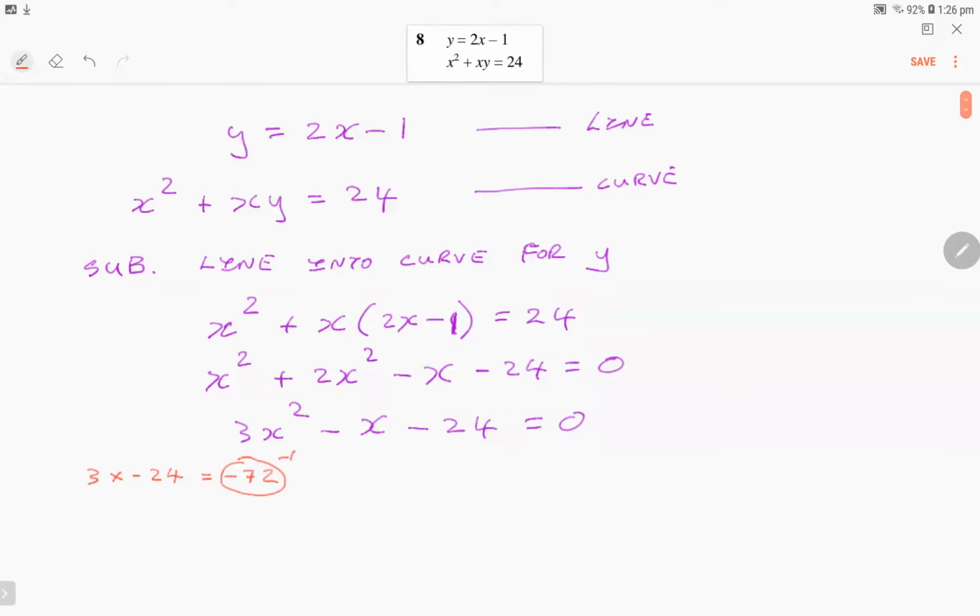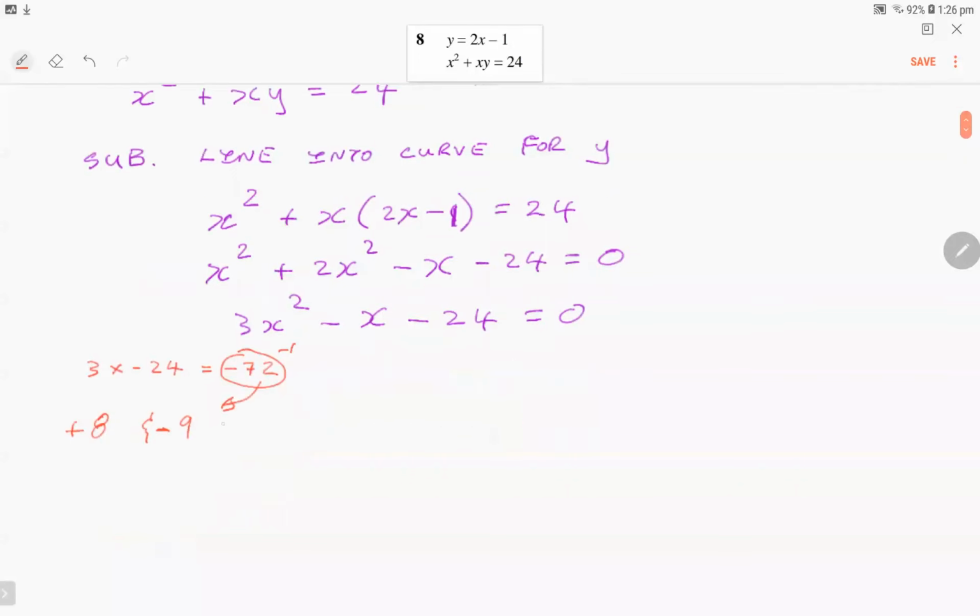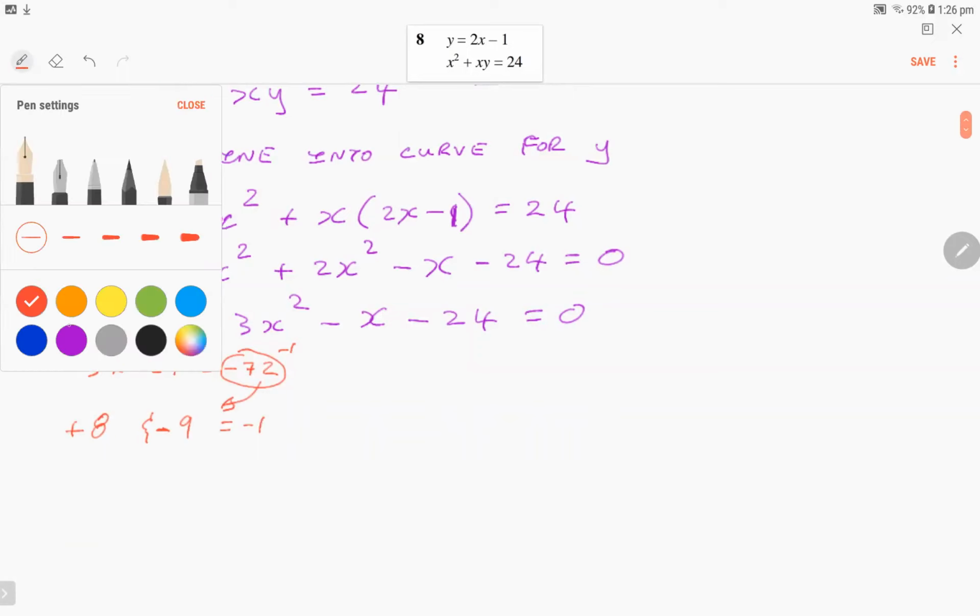And I think that is 9 and 8. So the factors of those are 8 and 9. Give the larger one the negative and the smaller one the positive. All right. And so I found them because this would be equal to my minus 1.